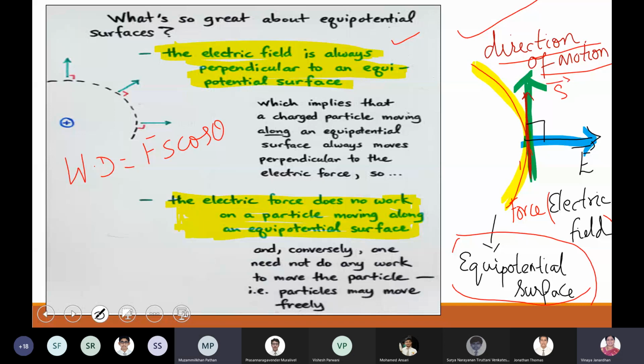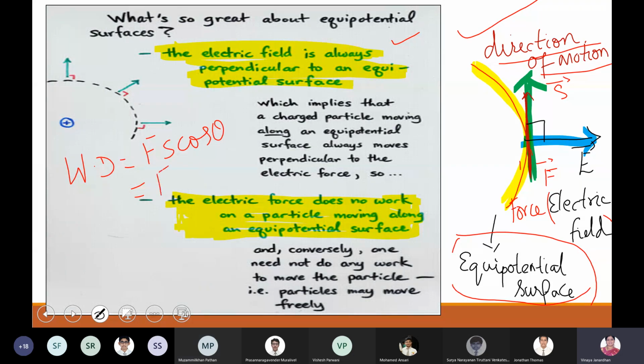Ma'am, S should be the distance on the line. What S? This is not the distance, it is the direction of motion. Okay. Displacement vector. Like F dot ds like that? Yes, correct. So it's the direction of the motion of the charged particle.